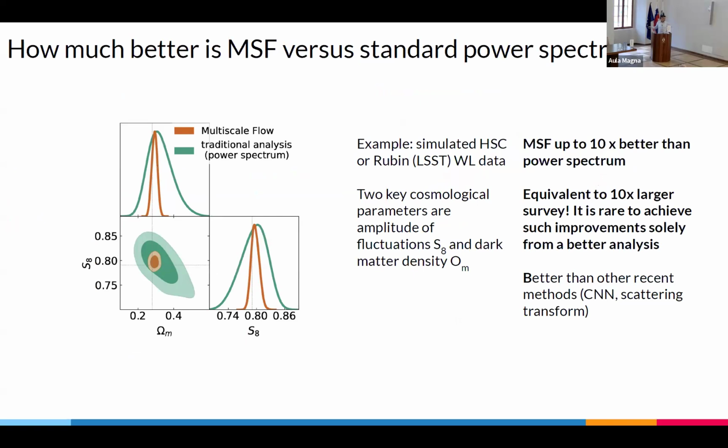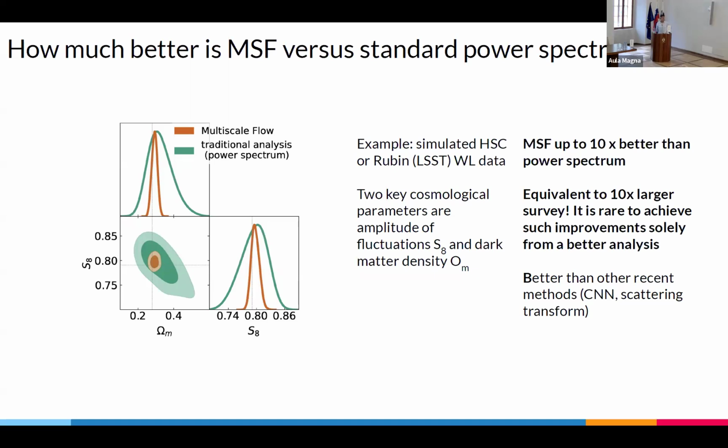Here is an example of one of our simulated analyses. Again, there are no data here yet. In terms of these two cosmological parameters, sigma 8 and omega matter, the power spectrum gives us much larger contours than we get with this multi-scale flow, up to a factor of 10 in terms of the area. All right, so we'll have to see if this claim survives the reality of the data.